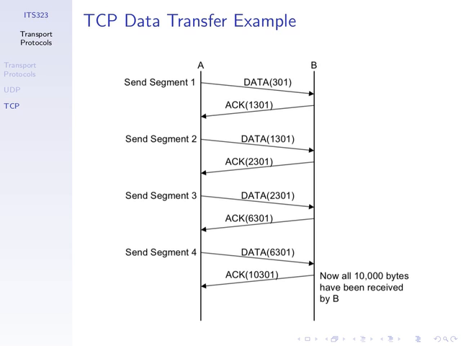In this case, the acknowledgement and sequence numbers would be the same as here. Data 301, 1301, and so on, and the ACKs would be 1301, 2301, 6301, 10301. So it would be the same numbers as what we got here. In this case, it would be slightly different. These are sequence numbers. They're the same.